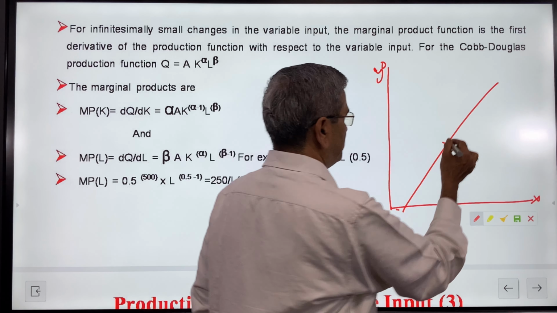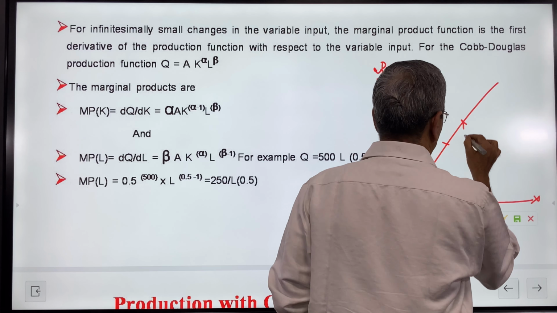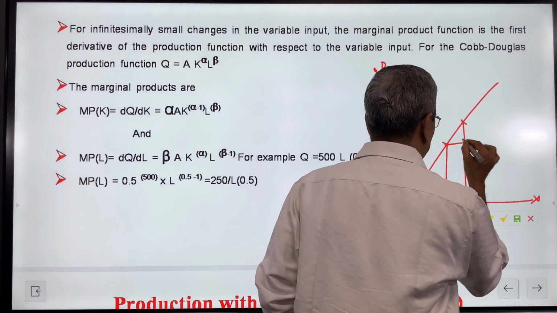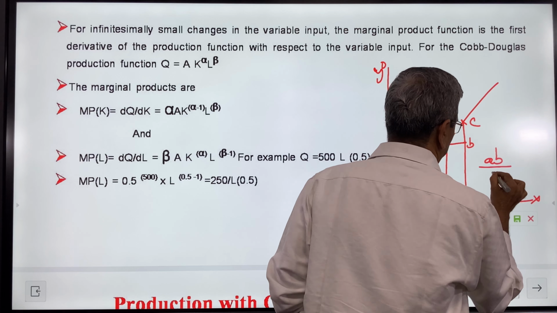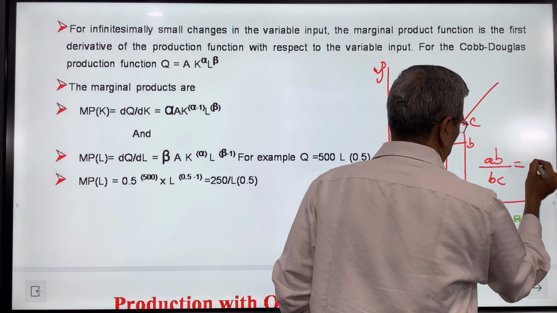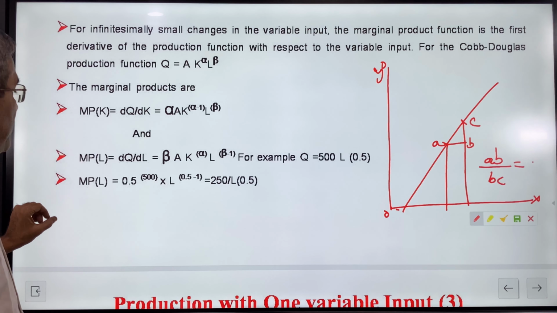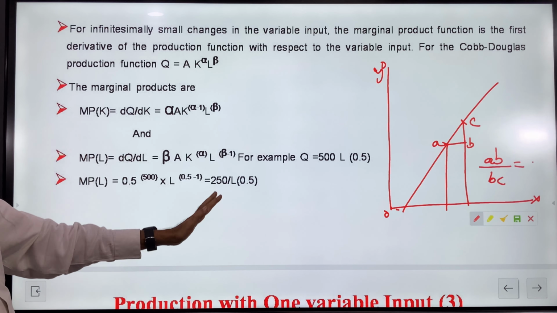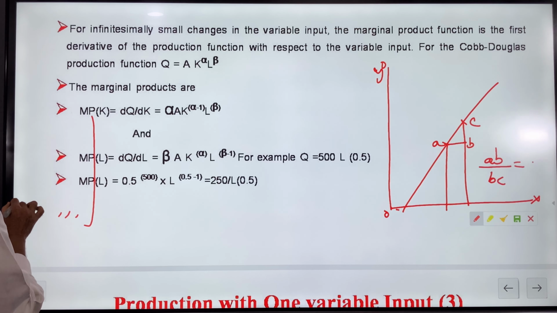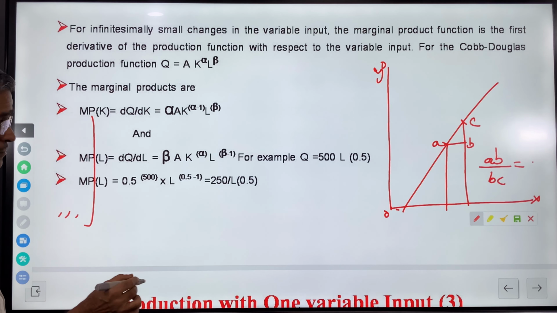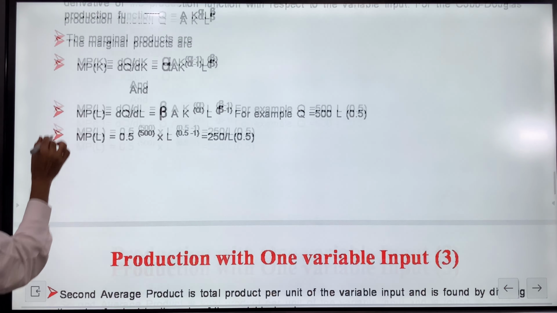The basic concept is the same. You assume at a particular point you have these changes, this is A, B, C, and AB divided by BC is the derivative, but this is only imaginary because we are measuring at a particular point in this way. So this is how you use it, and the same formula we calculate. So this completes the marginal productivity part of it.